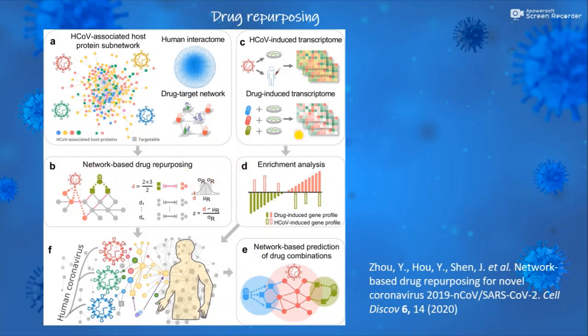From there, they went on to the transcriptome analysis, and then the enrichment, and after the enrichment they made a network based prediction of the drug combinations. They found nearly three drug combinations that may play a very important role in the coronavirus treatment.